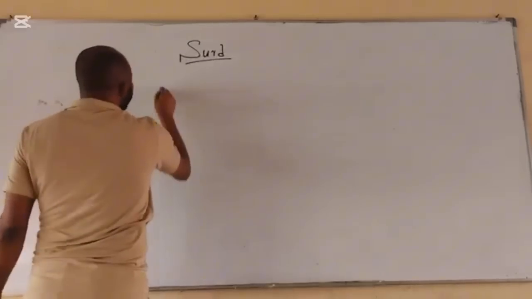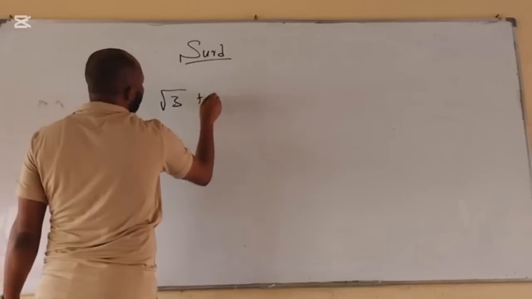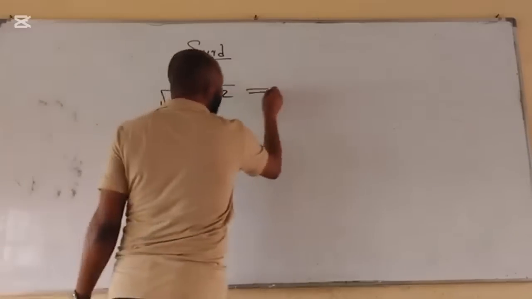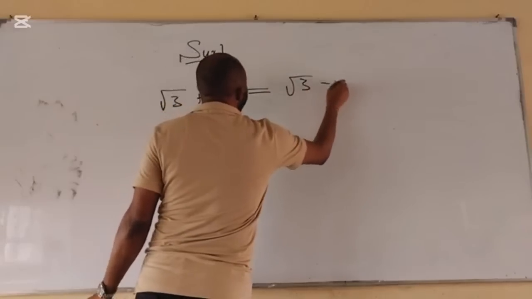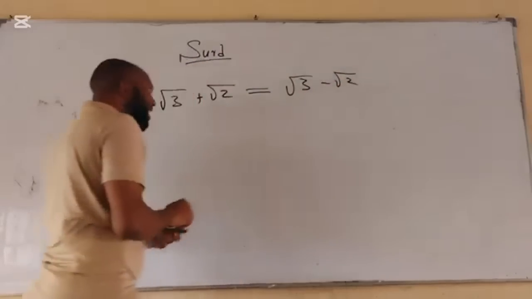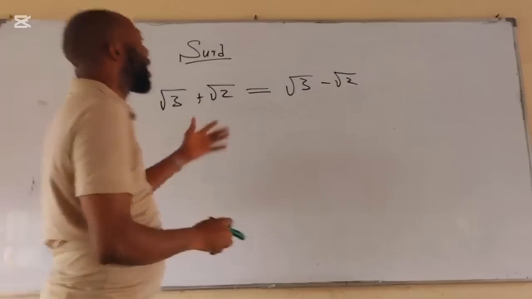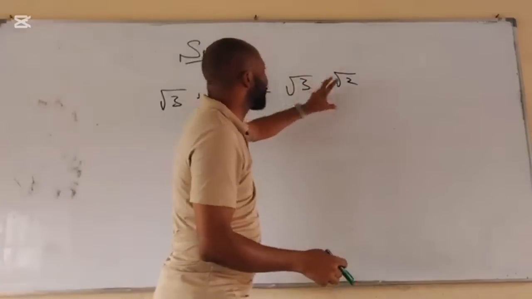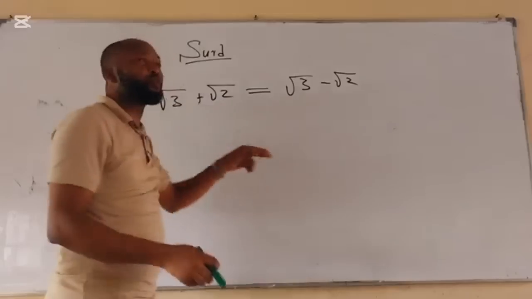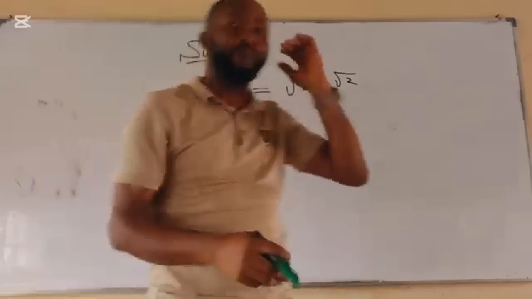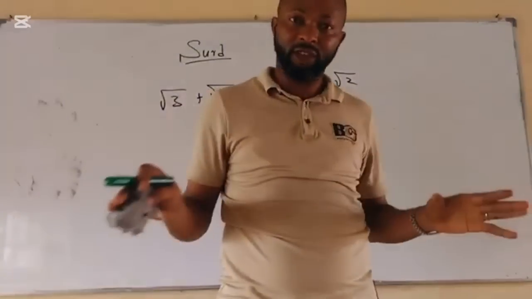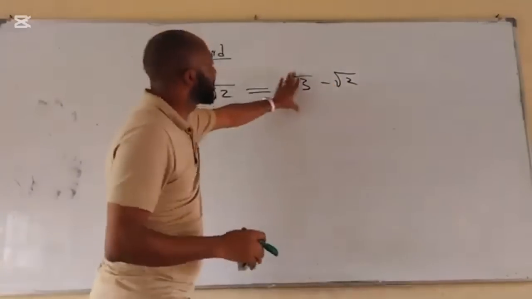If I have root 3 plus root 2, its conjugate becomes root 3 minus root 2. Why is that? Because in the course of our rationalization, it is only in this form that we'll be able to get rid of the root sign in the denominator. So in that fact, this is its conjugate.